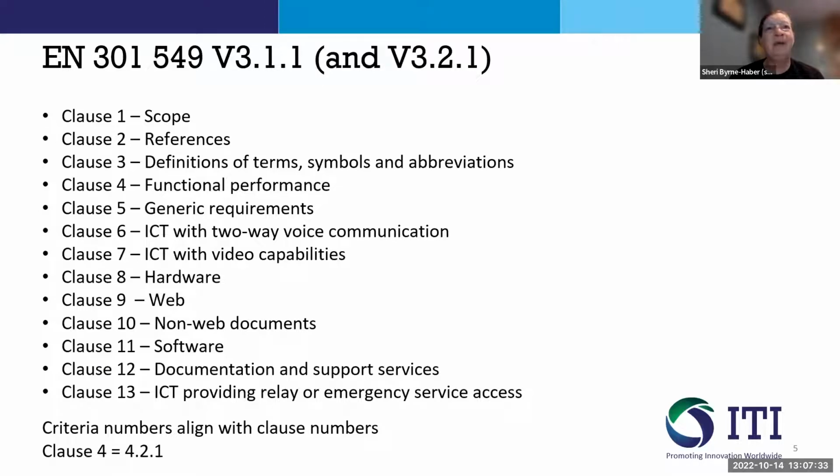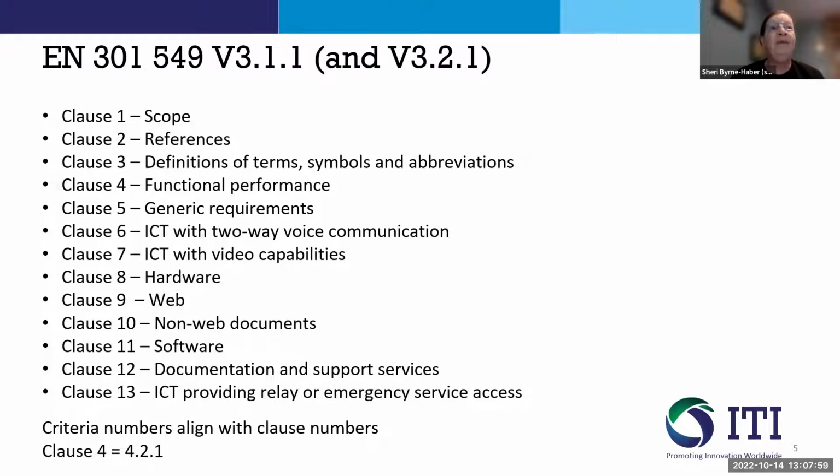So that's going to be things like closed circuit walkie-talkies. We have ICT with video capabilities. Then we have generic hardware. We have web. We have non-web documentation. We have software, which is obviously non-web, documentation and support services, and then ICT providing relay or emergency service access.